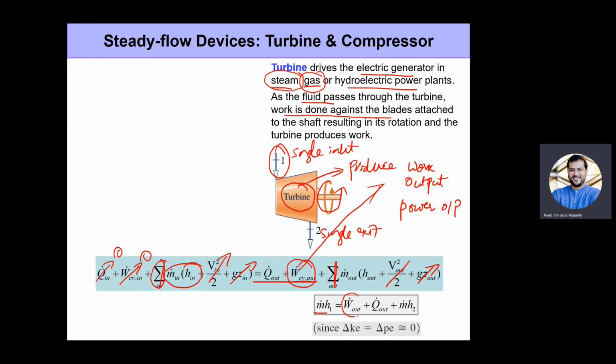The critical work output plus any heat loss to the surroundings, which can happen, though it's usually zero, plus m dot h2, or m dot h out, which is simply the enthalpy at the exit. So if you look at the energy balance, what we are seeing is very simple.